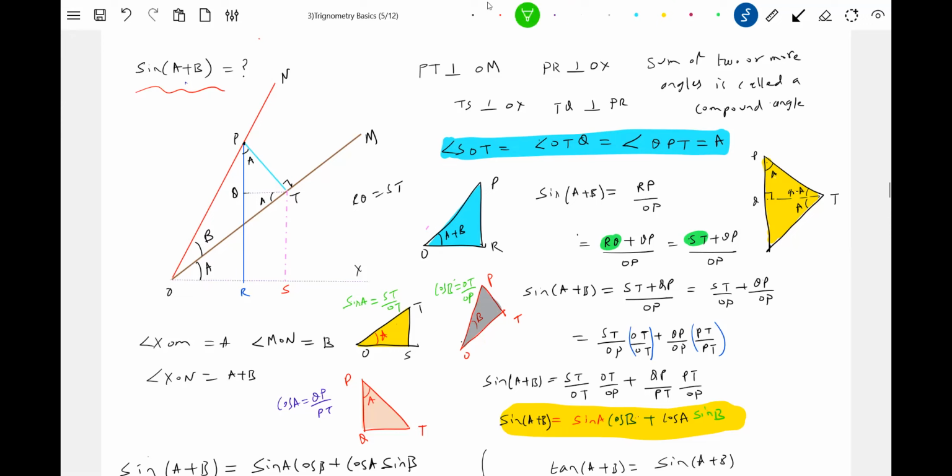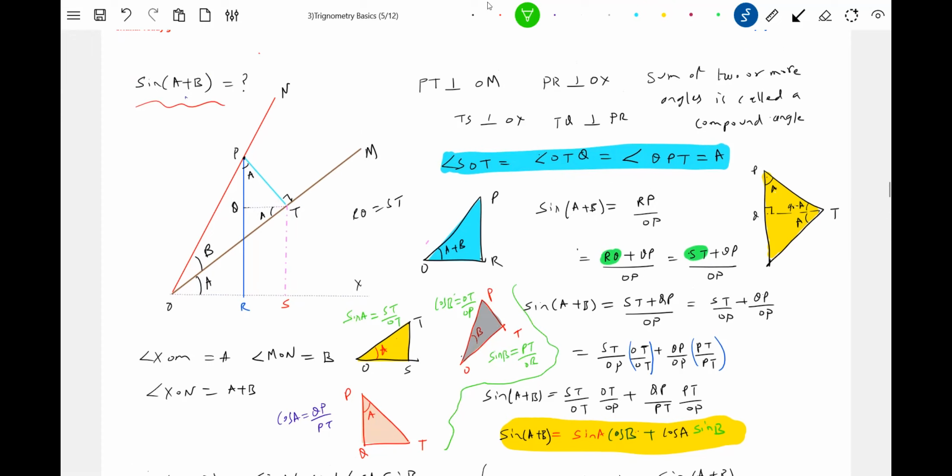With a green color, I'm trying to highlight nearby. Sin B, sorry. So finally, we ended up like this, the equation.